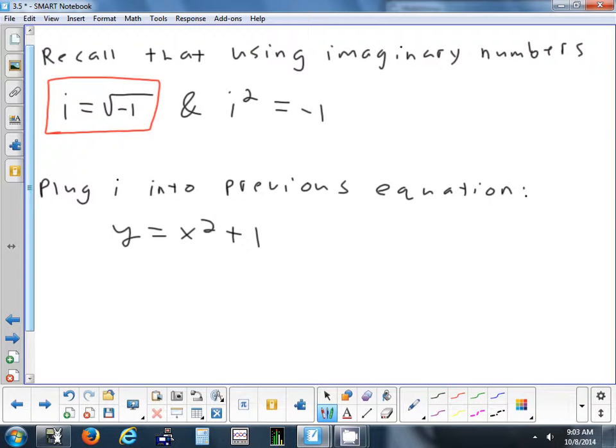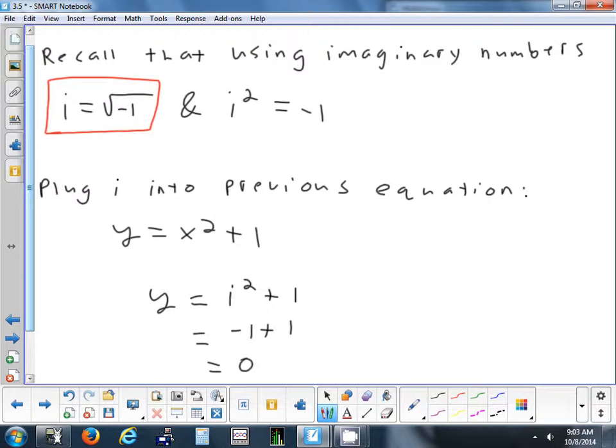Right, so what I want to do is I want to plug i into the previous equation and see what happens. So I get y equals, plug in i, square it, and plus 1. What did we just say i squared was? It's -1. -1 plus 1 gives me 0. So guess what? i is one of the roots of x squared plus 1.